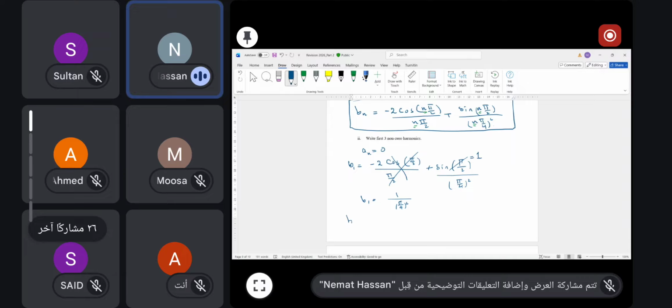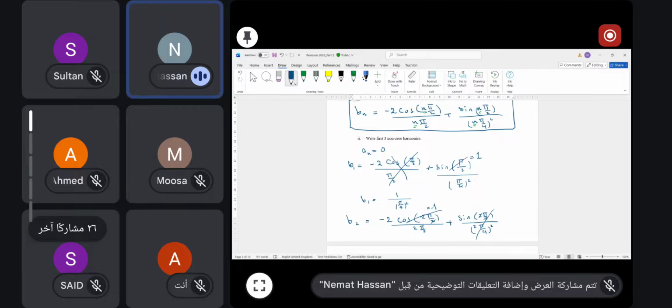And you can calculate to see what the value of 1 over pi squared is. And then we move on to B2, which is equal to what? -2 cosine 2 pi over 2 divided by 2 pi over 2 plus sine 2 pi over 2 over 2 pi over 4 squared, right? 2 and 2 cancel each other out. Cosine pi is equal to what? -1.